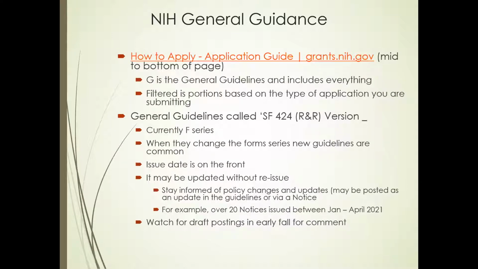And so you have to watch the guidelines closely to see if it specifies which one you're supposed to use. We went into the F series last October, so there's very few, if any, that are still going under the G series. The issue date is always on the front of the guidelines.